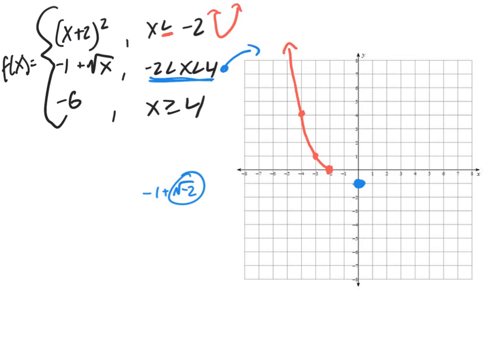And then I'm going to do the end. So stick 4 in there. Square root of 4 is 2. 2 plus -1 is 1. So we're going to be right here, and that is going to be an open circle since we don't have an equal sign.